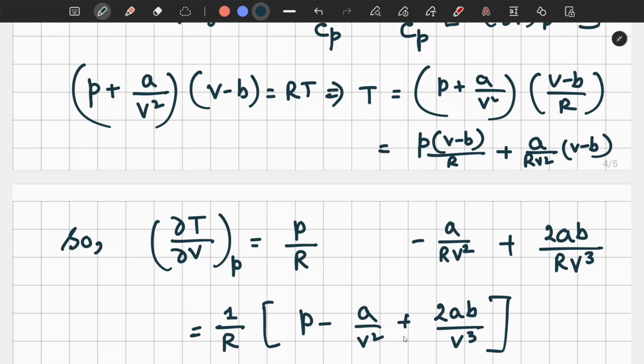It will be there, I think. Just give me a minute. I have done this before. For Van der Waals gas, we can calculate it. Not that much difficult. Yes, del V del P, right?